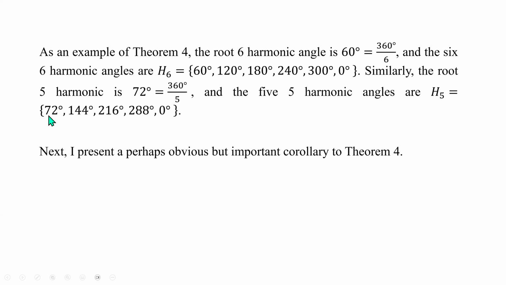You start with the root harmonic angle, and you'll end up with 0 degrees if you're looking at natural number harmonics. Okay, next I present a perhaps obvious but important corollary to Theorem 4.